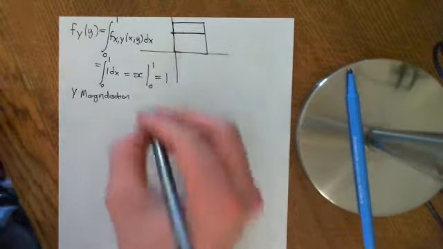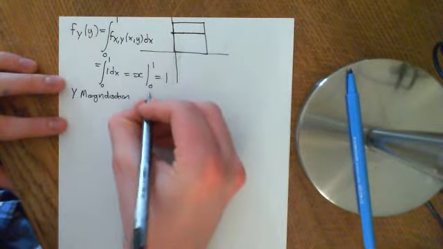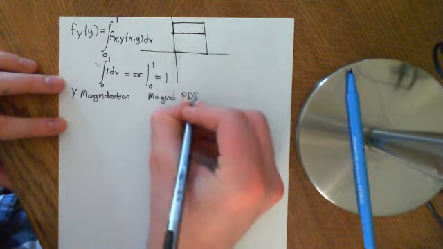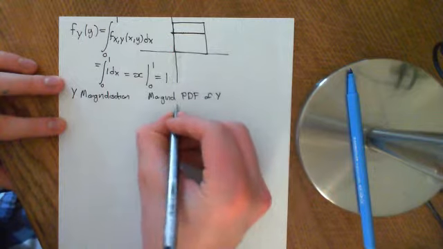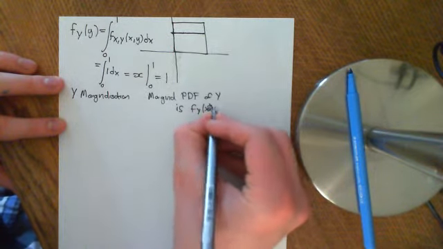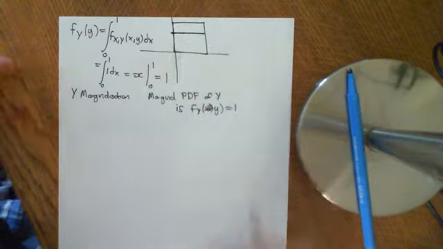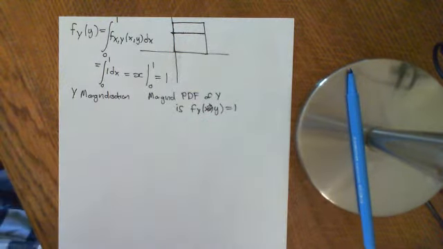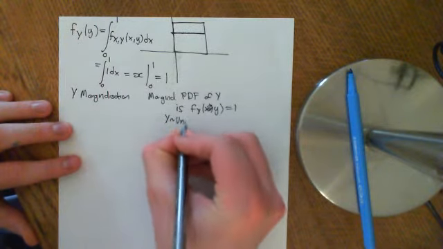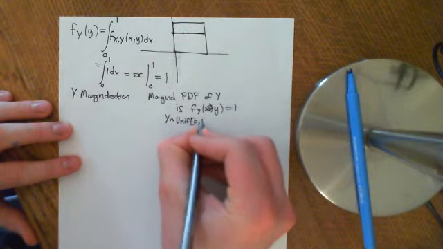So the marginal PDF of y, f marginal y as a function of little y, is equal to 1. So again, it's a uniform distribution on the interval 0 to 1. So y is uniformly distributed on the interval 0 to 1.